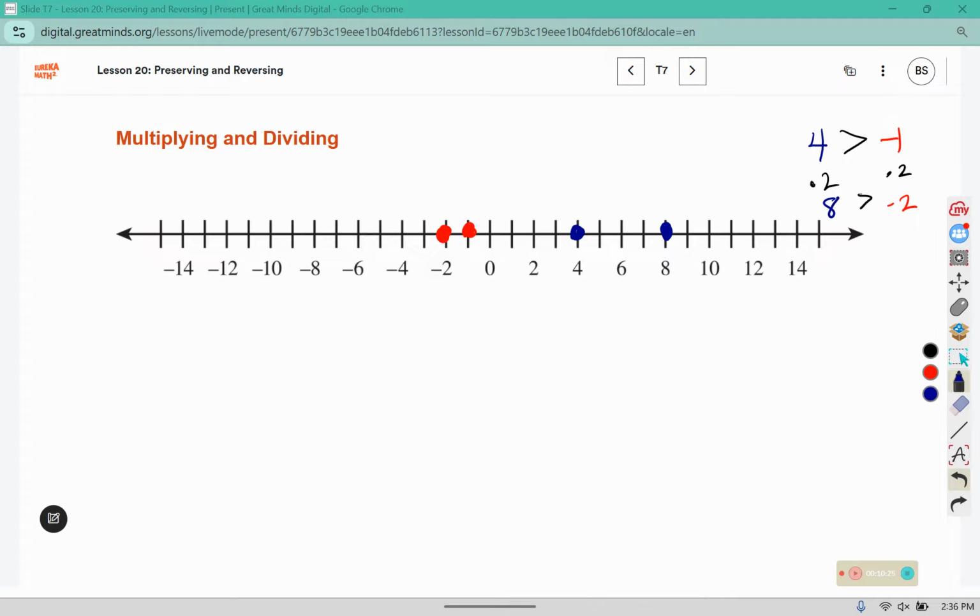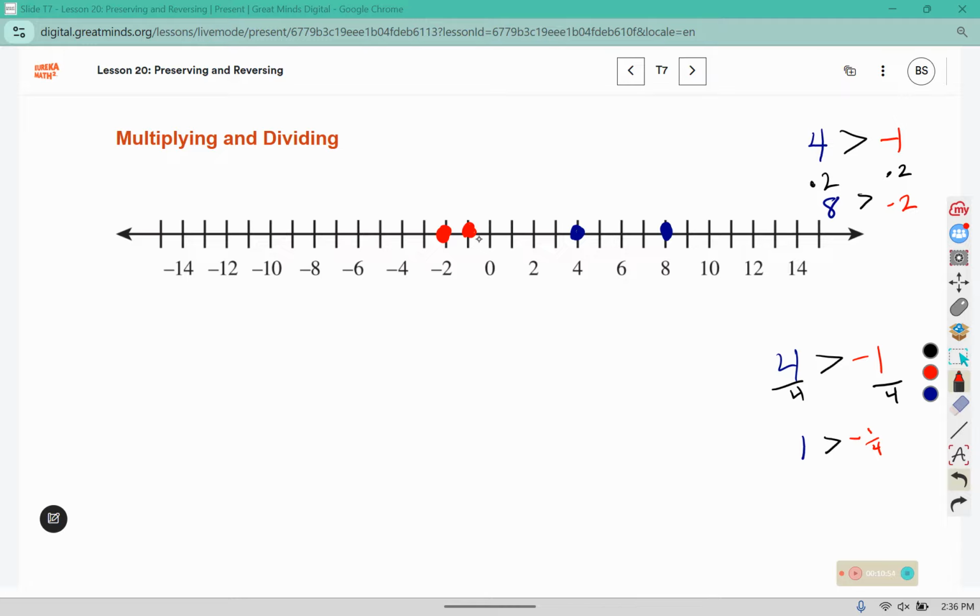What if we divided by a number instead? What if we divided by 4? So we had originally 4 was greater than negative 1. What would happen if we divided both sides by 4? 4 divided by 4 is 1. Negative 1 divided by 4 would be negative 1/4.